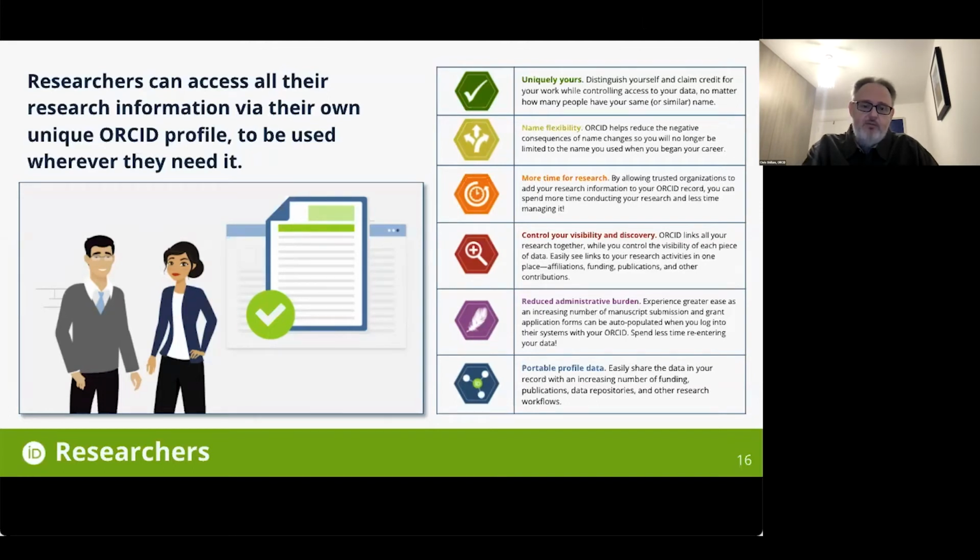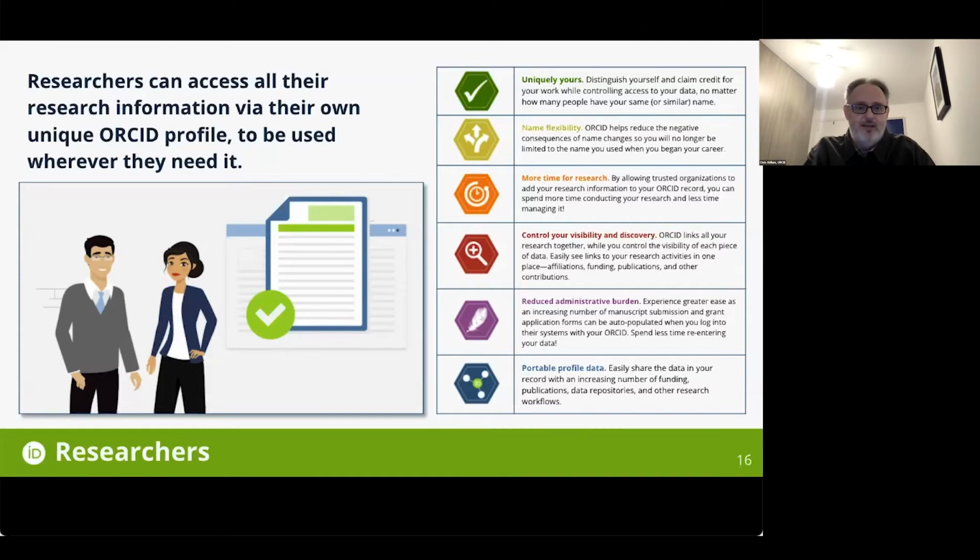You know, above all, I think that we hear from researchers that they hate admin, they hate providing the same data to multiple systems, filling in forms. They want to do research. And because ORCID is this interconnected hub in the research ecosystem, it enables data to be pulled out of the record.